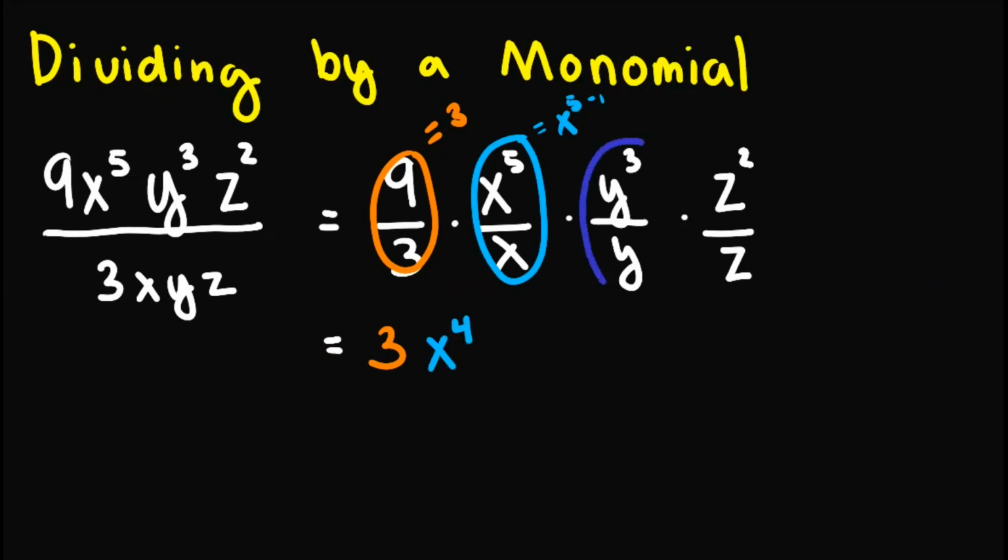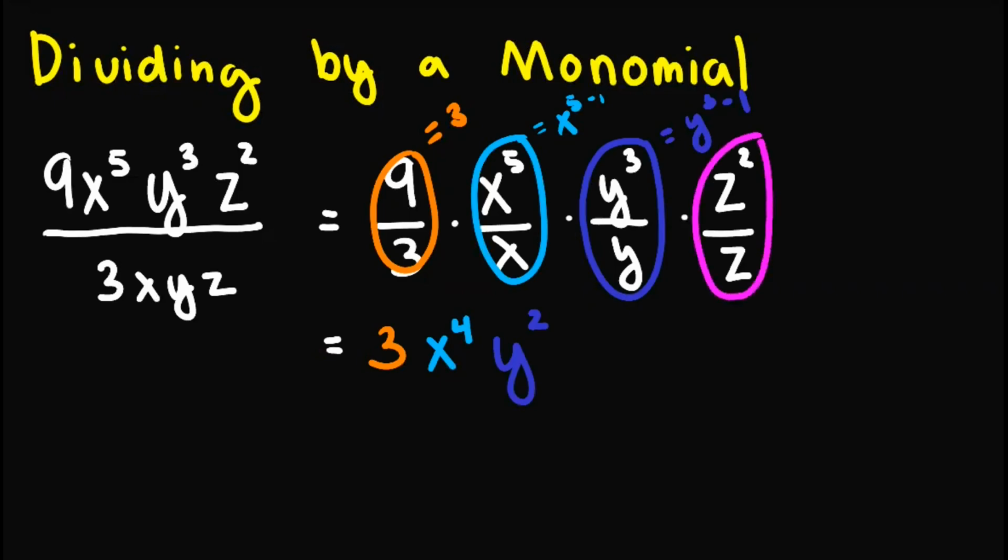For y cubed over y, this is equal to y cubed minus 1, or simply y squared. And lastly, z squared over z is equal to z squared minus 1, or simply z.